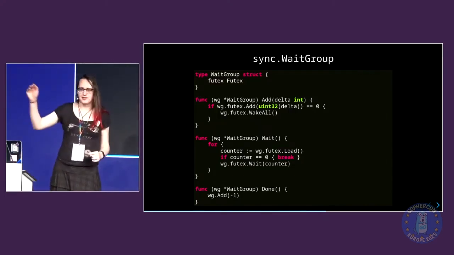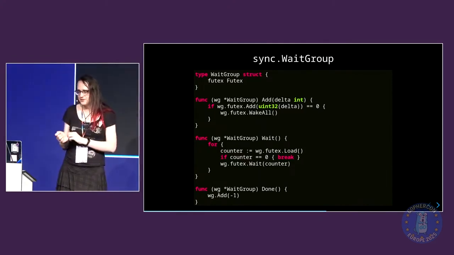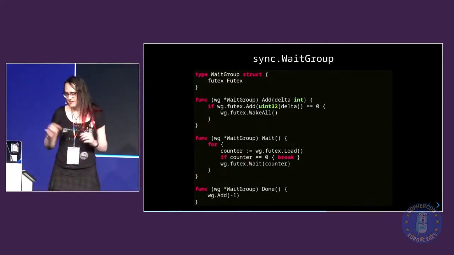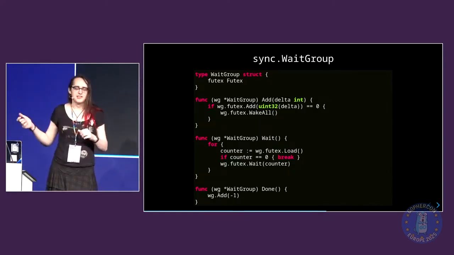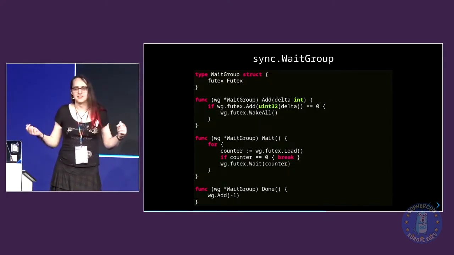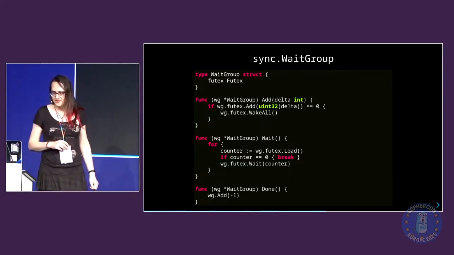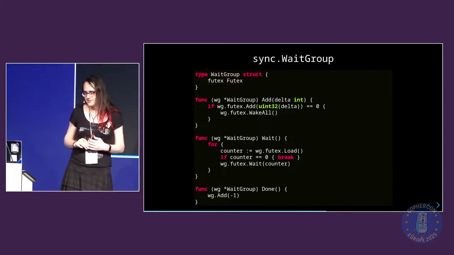You can count up and down, and once it reaches 0, all the waiting goroutines will continue. So that's what you can see in the add call. It adds a number, and the adding number can also mean decrementing it if you add a negative number. But once it reaches 0, it wakes up all the waiting goroutines.